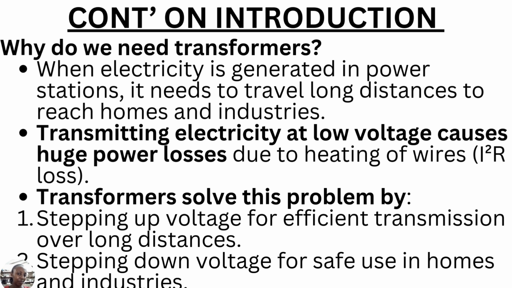This loss is known as I squared R loss. Transformers solve this problem in a very smart way. They step up the voltage for efficient transmission over long distances, reducing power loss. And then, near the consumer, they step down the voltage to levels that are safe for use.